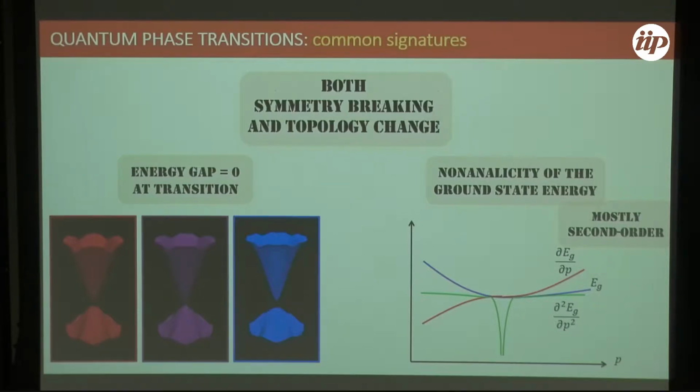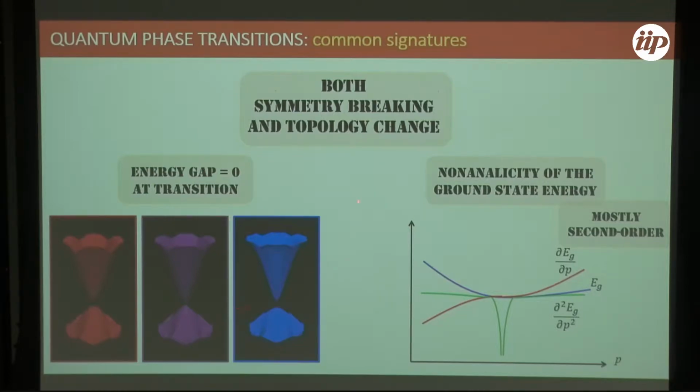One of which is that the gap closes at the transition. The two phases have well-defined gaps between the highest occupied band and the upper band, and this gap closes at the transition.